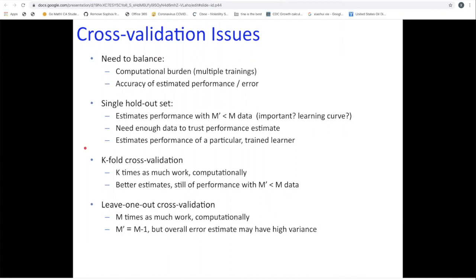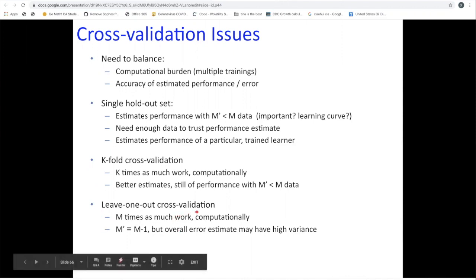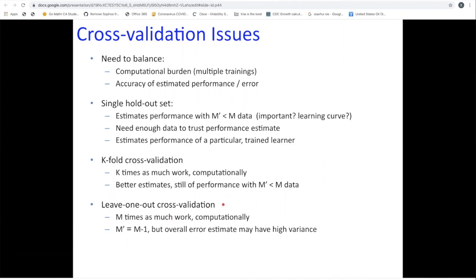There's always this balance between the two. Leave-one-out cross-validation sounds like it's good, but there's a potential bias in the finally calculated cross-validation MSE. So these are possible choices for model selection based on cross-validation. You can choose either leave-one-out or k-fold cross-validation by choosing k.